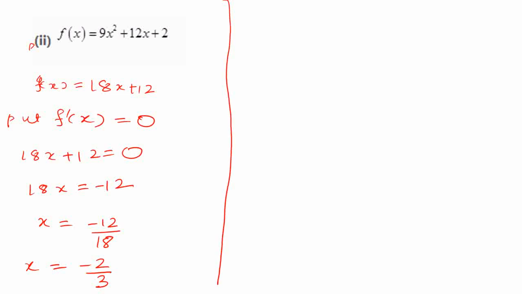Now we will find double order derivative. So since f dash of x is 18x plus 12, f double dash of x is 18, which is positive. This is also irrespective of x, so whether we put x value positive, negative, 0, it won't affect the double order derivative value.